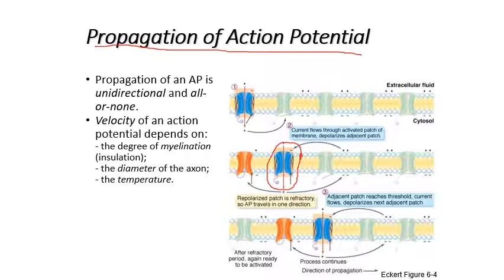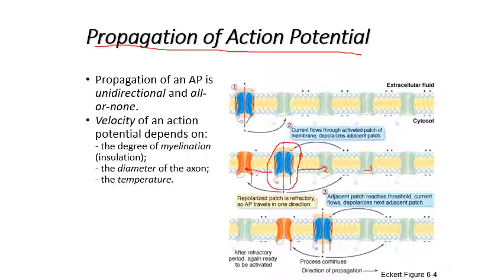So when this channel is opening, this channel cannot be open again. The only channels that can be open are the ones further down the axon. And then when this one opens, it's going to cue these to open. Okay, that is the propagation of the action potential.